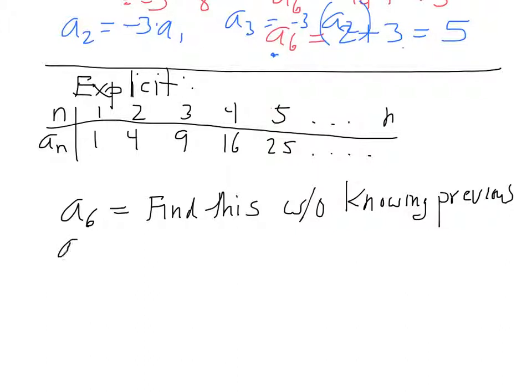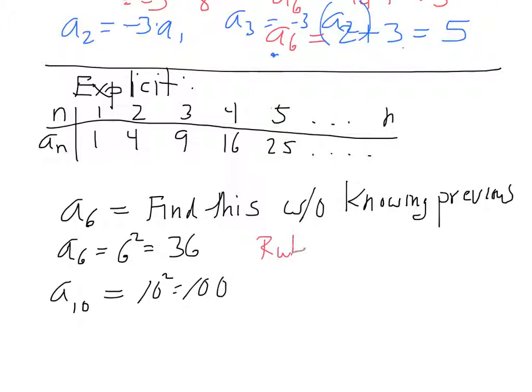Because a sub 6 would simply be 6 squared, or 36. I could skip ahead and find a sub 10, and I do not need to know the ninth term to do it. A sub 10 would be 10 squared, or 100. So what that means is we can write a rule for this, that a sub n is equal to the location in the sequence squared. That's that explicit rule there.